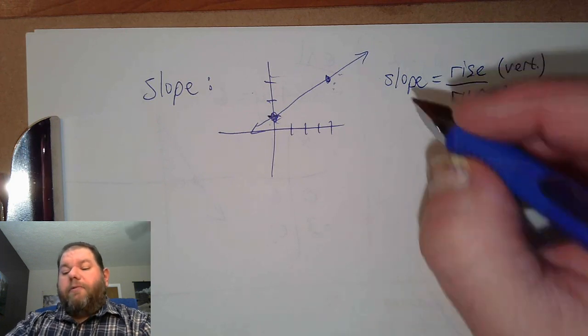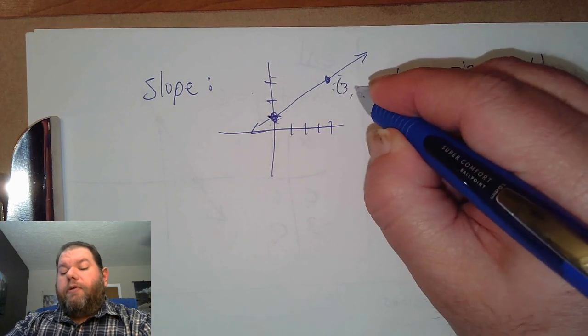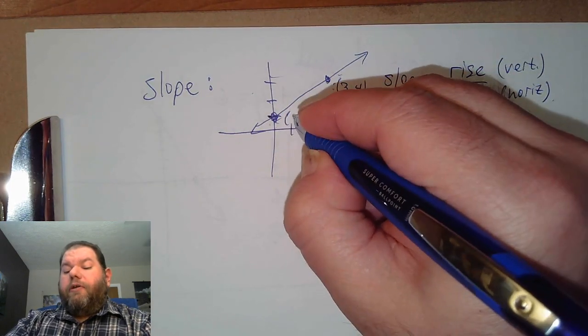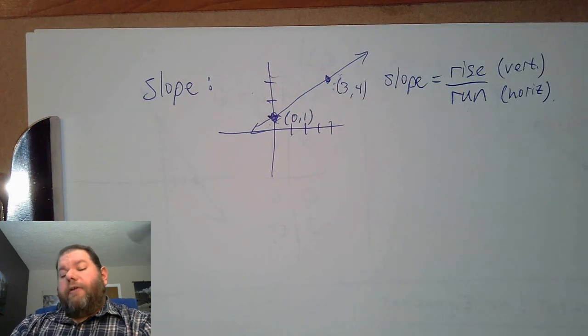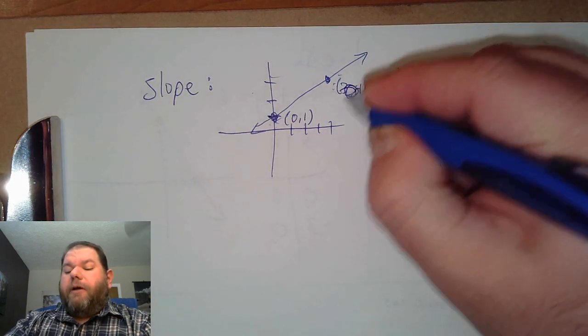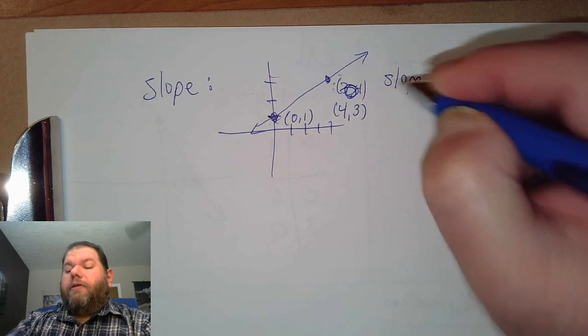Close, Luke. 3, 4 is the coordinate of this point. But this point is at 0, 1. So it's not a rise of 3. Actually, sorry, I put this backwards. It's 4, 3. That's my bad.